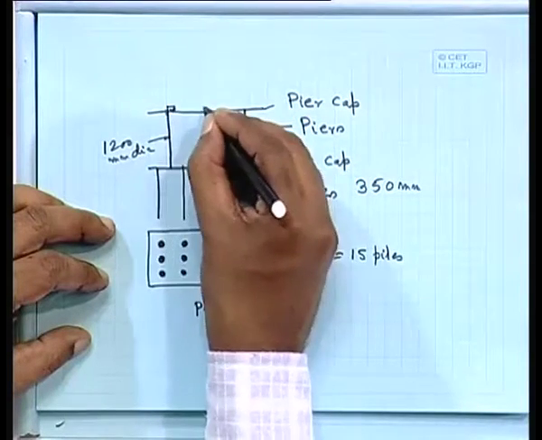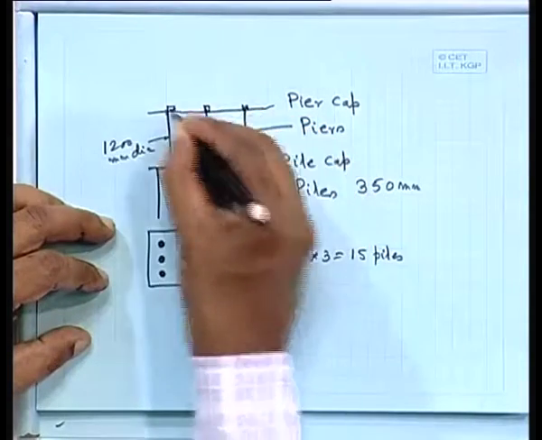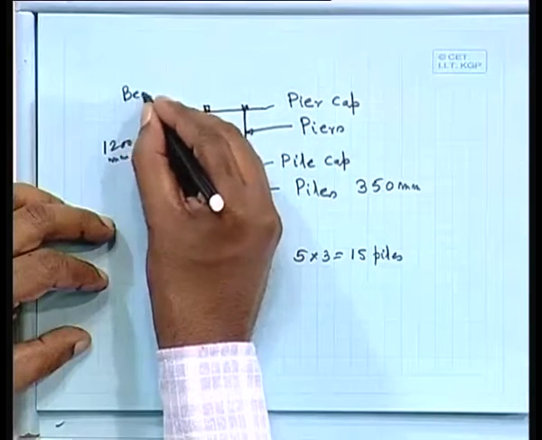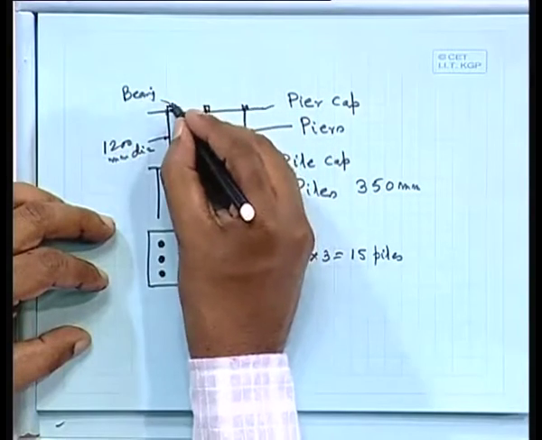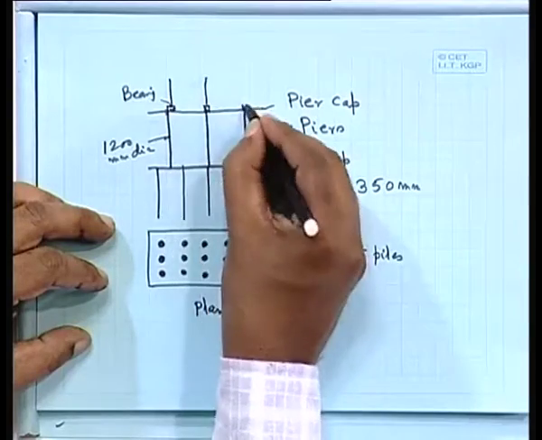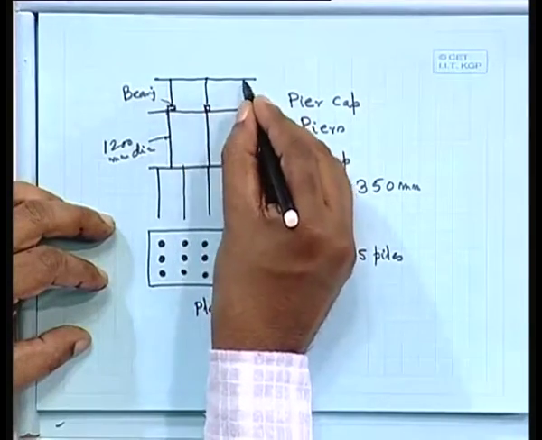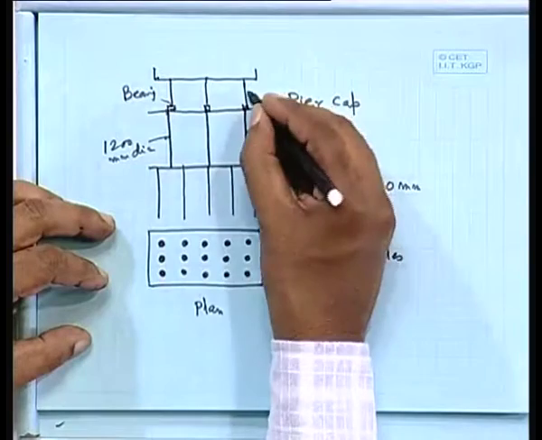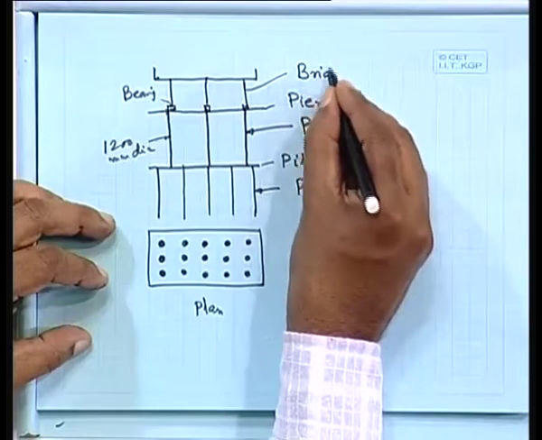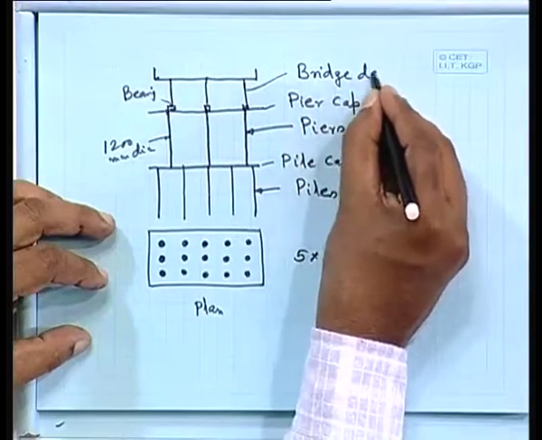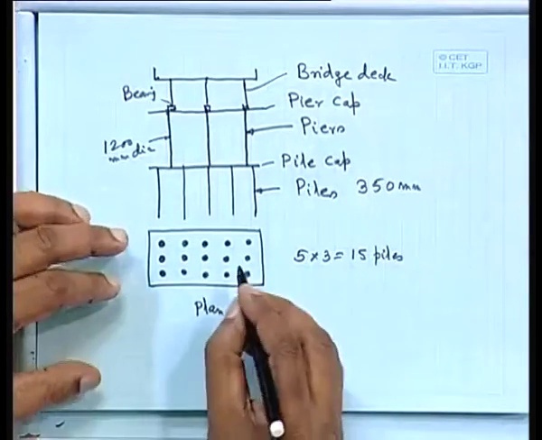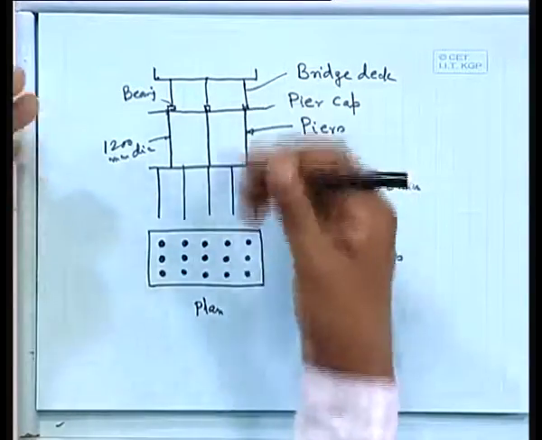We provide the bearings, these are called bearings, and over that your bridge deck will come. This is called the bridge deck. So, you can understand how we transfer the load.